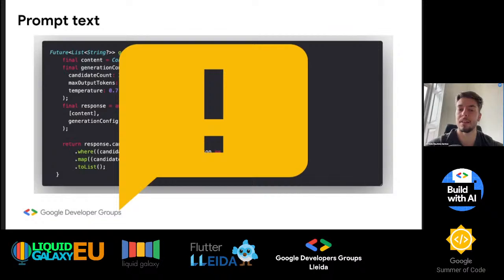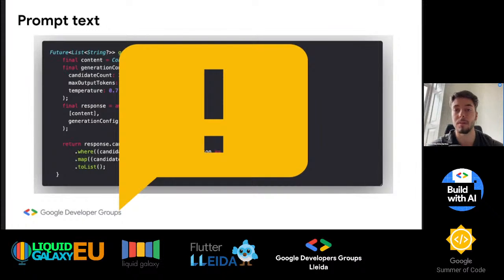Okay, but in this case, it's not ready yet. There is a bug. I already filed the bug in the GitHub project of this package, because currently, at the time we are doing this session, the 20th of March, it is not available yet. So the model will only respond one time.